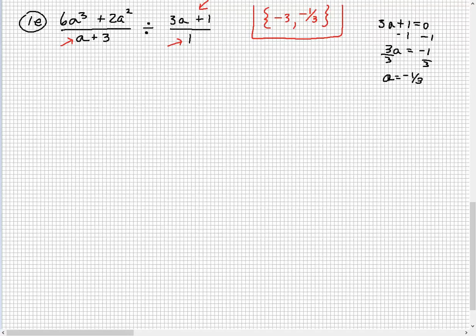Now we need to simplify. And because it's division, we're going to keep, change, flip, and factor. 6 and 2 means we can pull a 2, or hold on, Control Z, a 2a squared. And we'll have an a plus 1 left over, a plus 3 times, and we have to flip this, 1 over 3a plus 1.